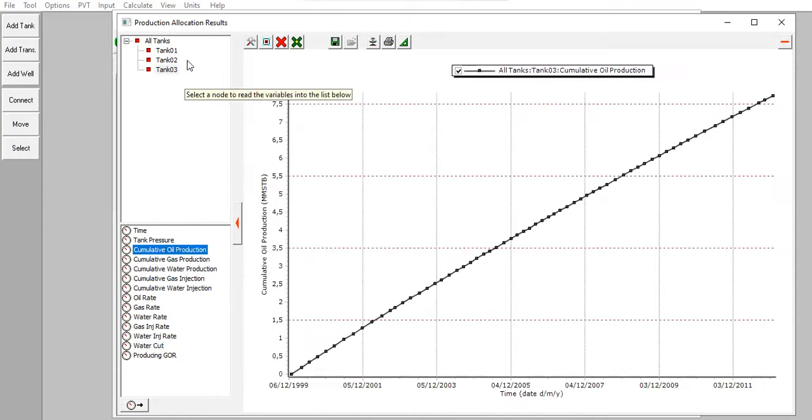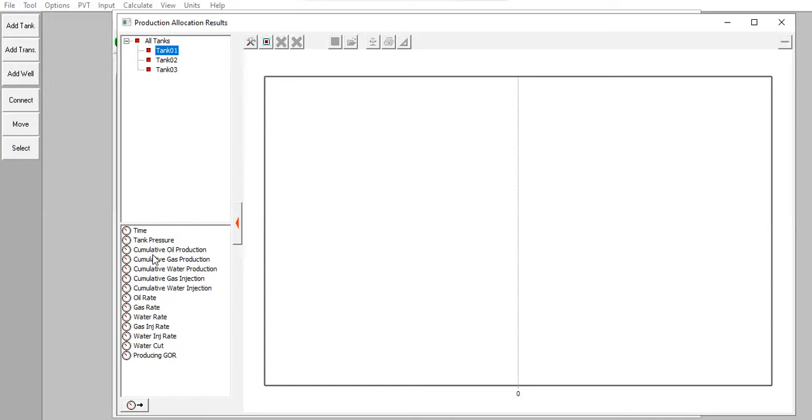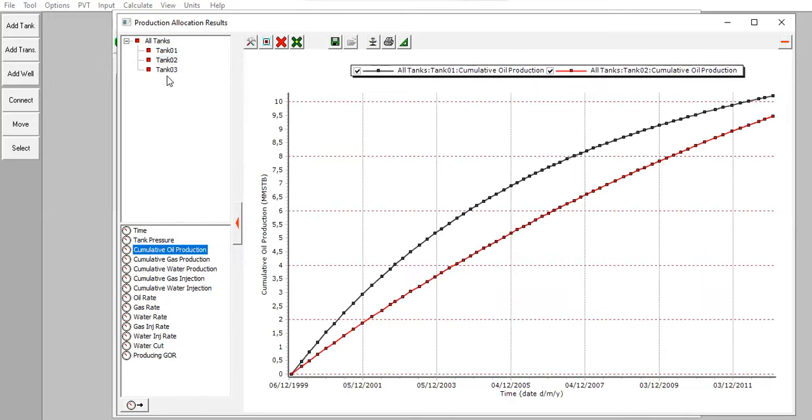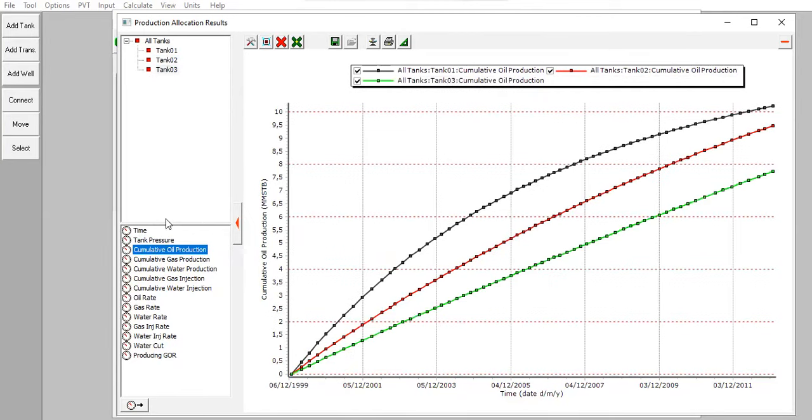Again, cumulative oil production, remove all first. Tank 1, cumulative oil production. Tank 2, cumulative oil production. Tank 3, cumulative oil production. Why do we get the highest cumulative oil production from tank 1? You can see, because the productivity index of tank 1 is the highest compared to the second and third tanks.